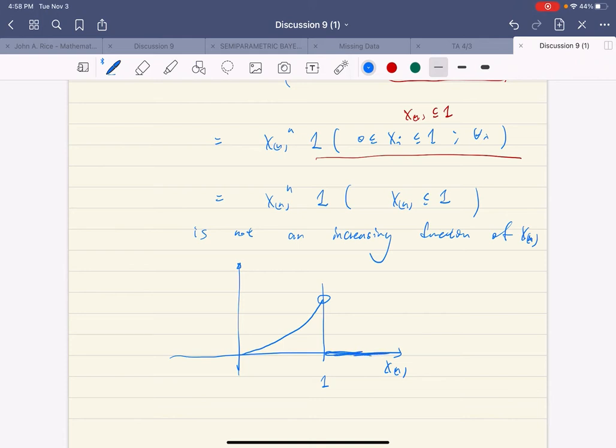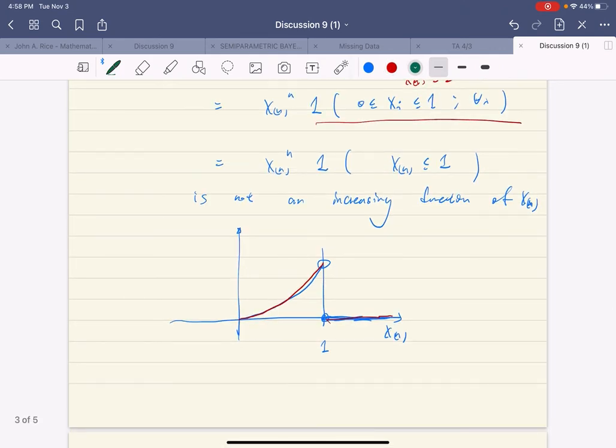It's a function like this, so it is not an increasing function. And if we want to run a likelihood test, we will reject when lambda of x is really small. So you can see our rejection region is when Sn is greater than 1, and when Sn is less than C. So this is our rejection region.